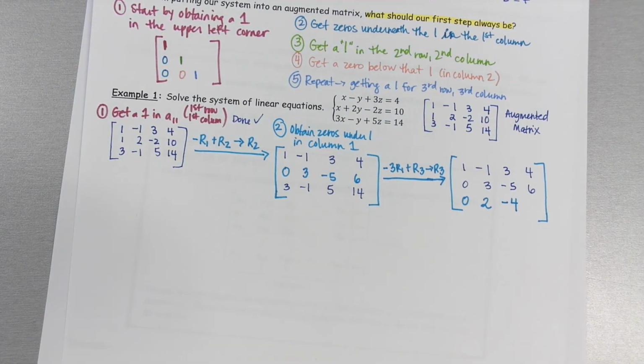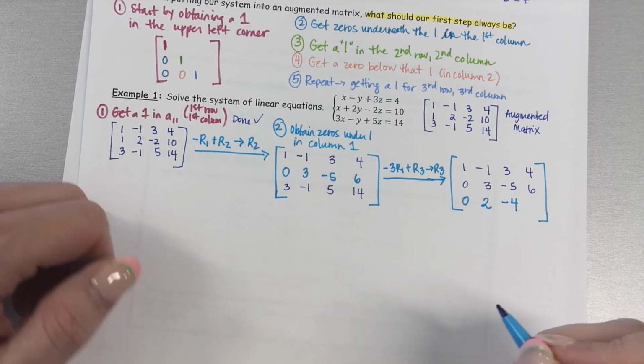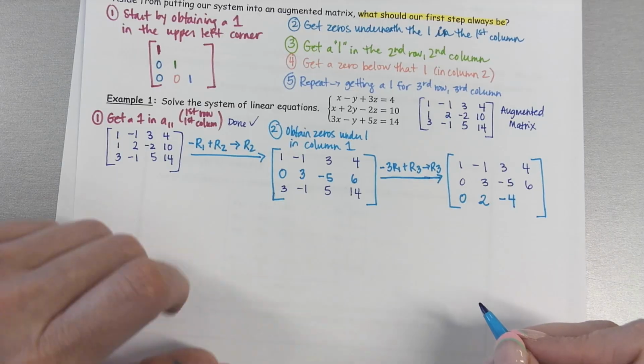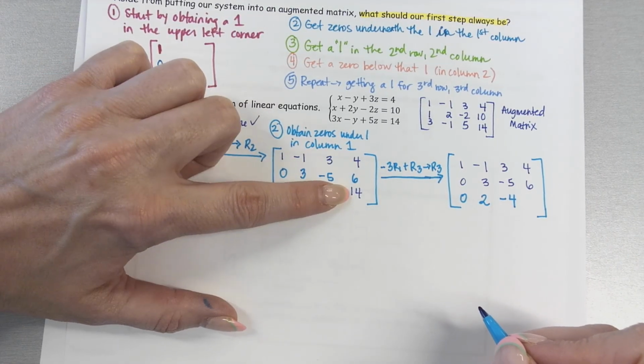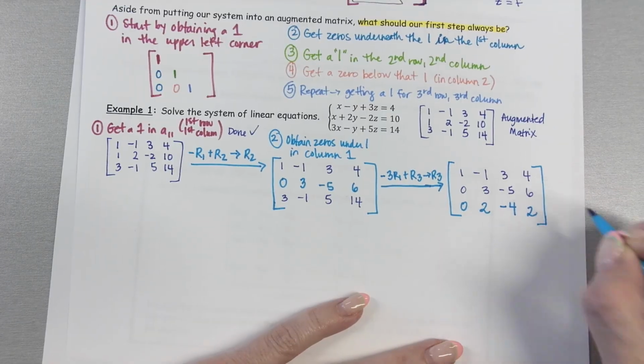Okay, and then do the last one. So -3 times 4 is -12. -12 plus 14 is 2.